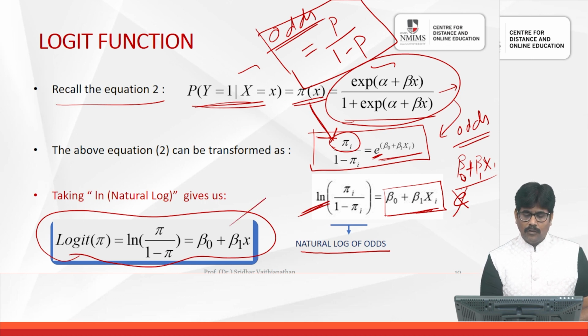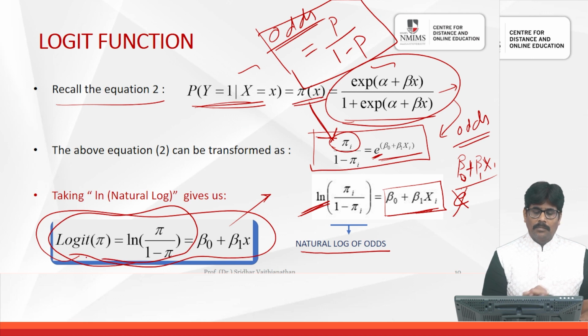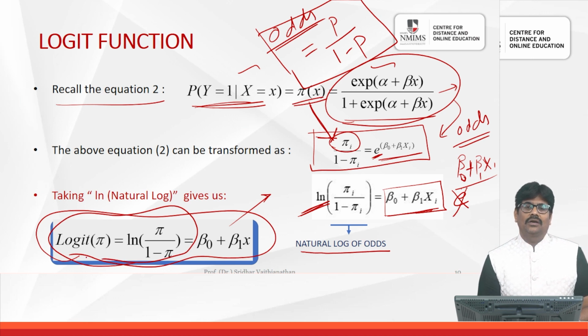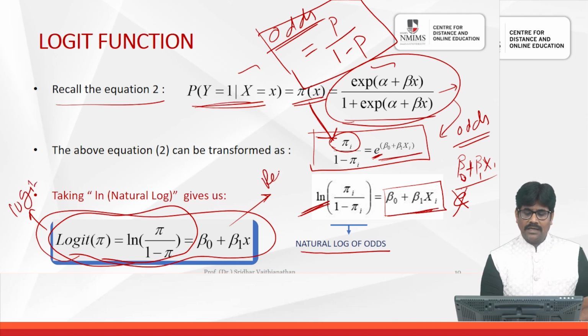So this side looks like regression, but it is plainly not a regression. We have taken a logit of the pi, that is natural logarithm of odds, and hence this side is logit and this side seems like a regression. That's why we call this a logistic regression, right?